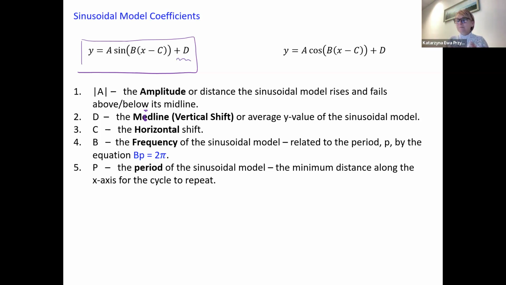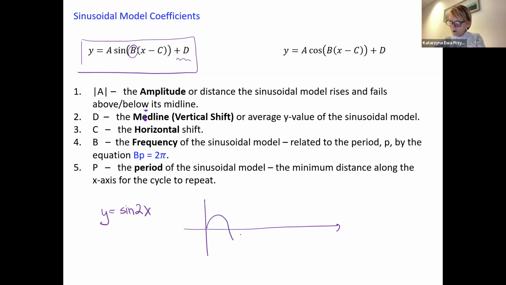And then B is maybe a weird quantity because it's actually the frequency. For instance, when we have sine of 2x, that tells us that in the original period 2 pi, we have to squeeze 2 sine curves.